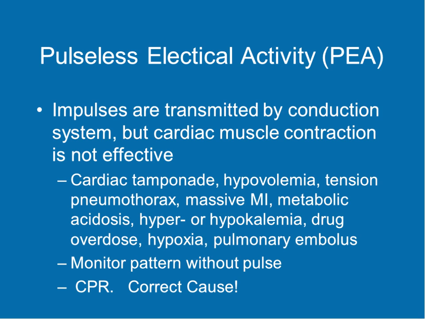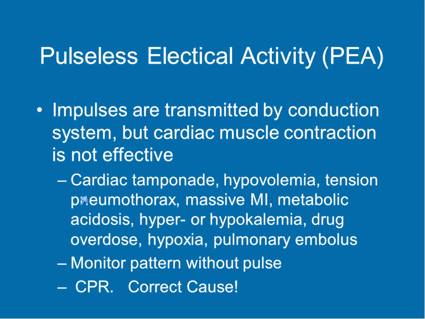In all fairness, the pattern will degenerate to something that is pretty yucky looking too. But initially, you do have some kind of a monitor pattern, but no pulse. So anytime you see something up there on telemetry in a code, and someone has checked a pulse, we call it PEA.